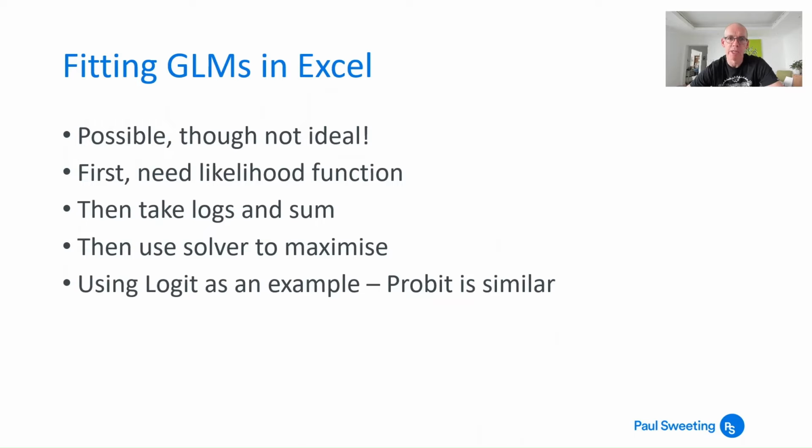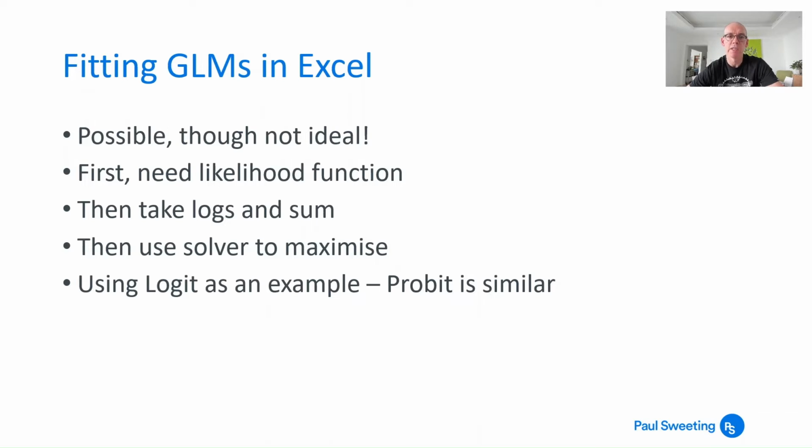So fitting GLMs in Excel, it's possible, though not ideal. I quite like doing stuff in Excel because you can show how things work, and you can also check your understanding of how things work. What's also quite nice is if you do something in Excel and then you do it in R as well, and you get the same results, which I'm happy to state is the case here when I did this in Excel and in R. So anyway, what you first need to do is define your likelihood function.